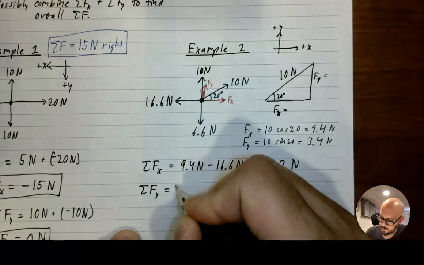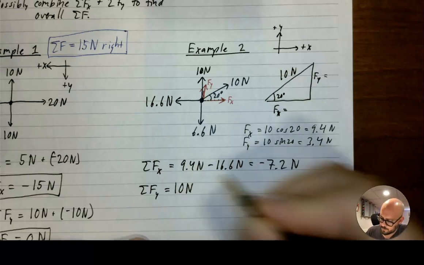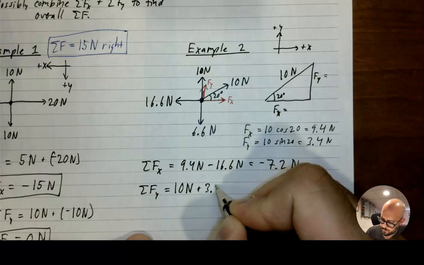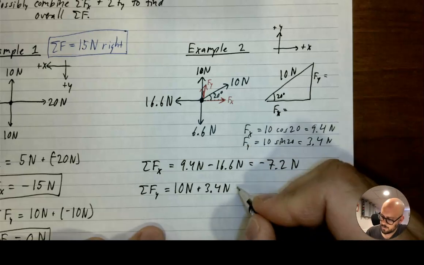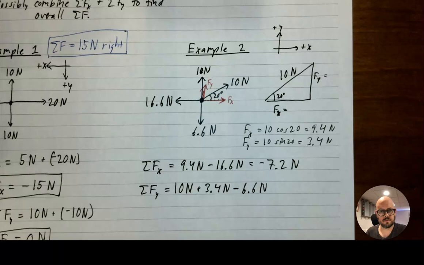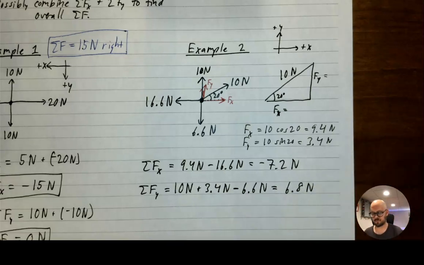So I have to be careful. 10 newtons is up. There's another force up, and that is 3.4 newtons. And then there's a force down, and that is 6.6 newtons. Right. And so I can add these up. So 10 plus 3.4 minus 6.6, and that is positive 6.8 newtons.